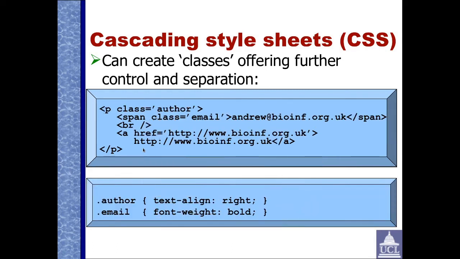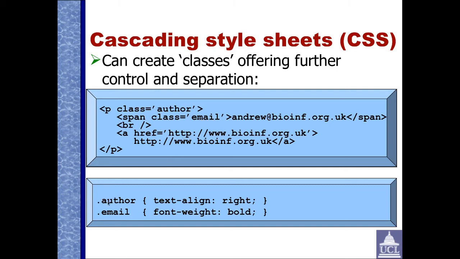So this is the same thing, but using semantic markup with the classes. For this, I've said, well, this paragraph describes the author of this web page, so I'm going to call it class equals author. And this is the email address, so I'm going to call it class equals email. I've kept this the same for the moment, but of course we could change that as well.